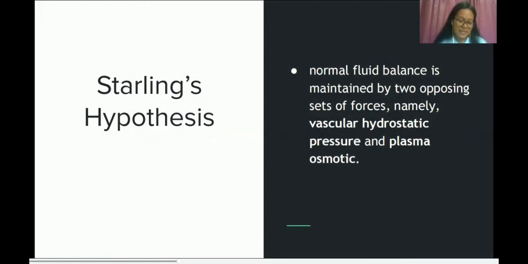According to Starling's hypothesis, the normal fluid balance is maintained by two opposing sets of forces, namely vascular hydrostatic pressure and plasma osmotic pressure. Fluid moves from intravascular to the interstitial compartment at the arteriolar end of the microcirculation, largely under the influence of the hydrostatic pressure. It returns to the intravascular compartment at the venular end, mainly because of the osmotic pressure.